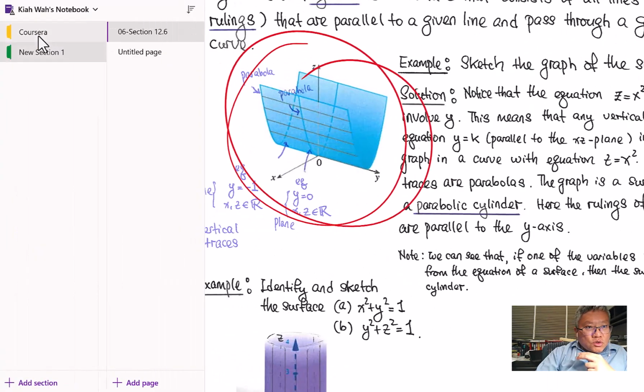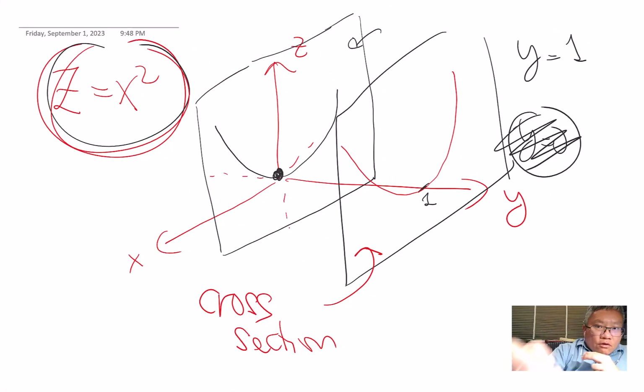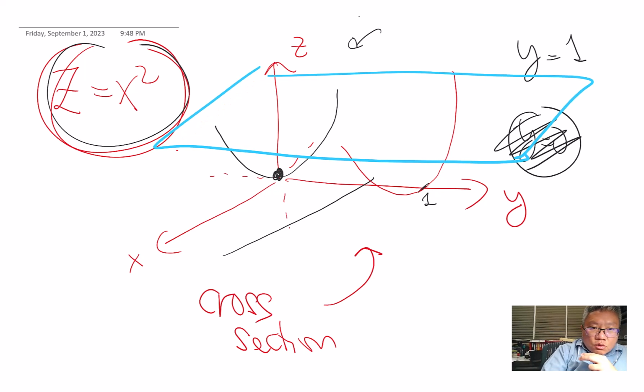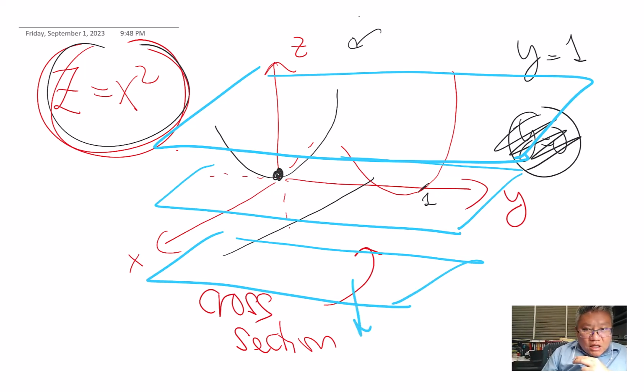If you wanted to look at not vertical cross sections, but horizontal cross sections, what would you be able to see? By the way, when you do horizontal cross sections, sometimes when you go lower, you can't see anything because you know that z cannot take negative value.